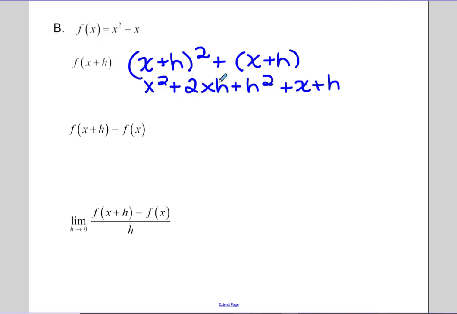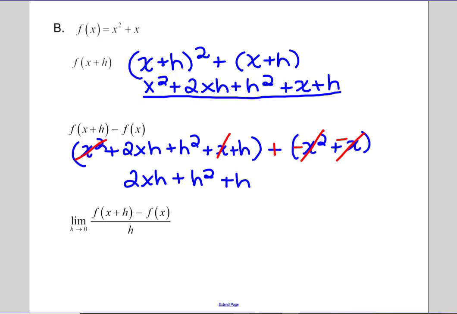In the first part, I ended up with x squared plus 2xh plus h squared plus x plus h. In the second part, you can see that we ended up with 2xh plus h squared plus h because the x squared and the x, after we subtracted, disappeared to 0.